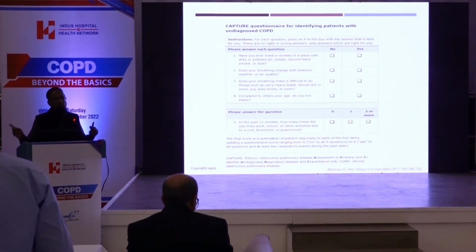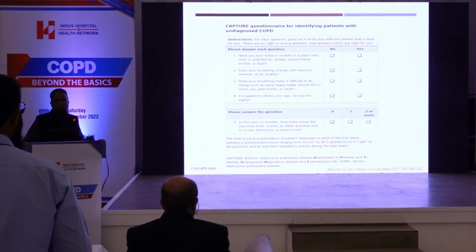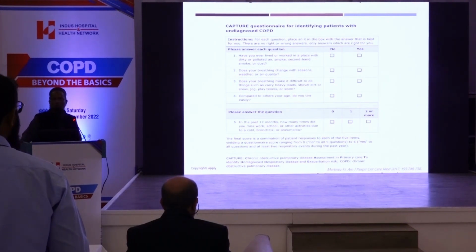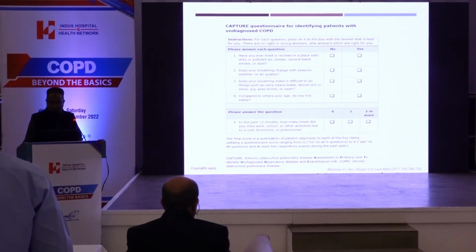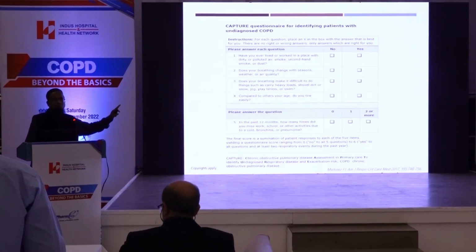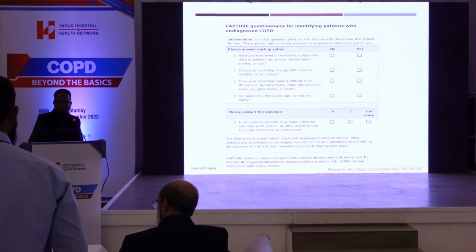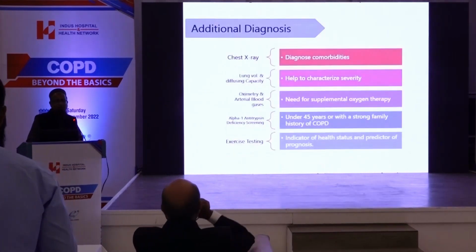And between 3 and 4, you can use clinical judgment to diagnose, use diagnostic tools or additional testing for some alternate diagnosis. So it's a very good and simple tool. If you teach primary care physicians, you can give them this tool to pick early COPD.